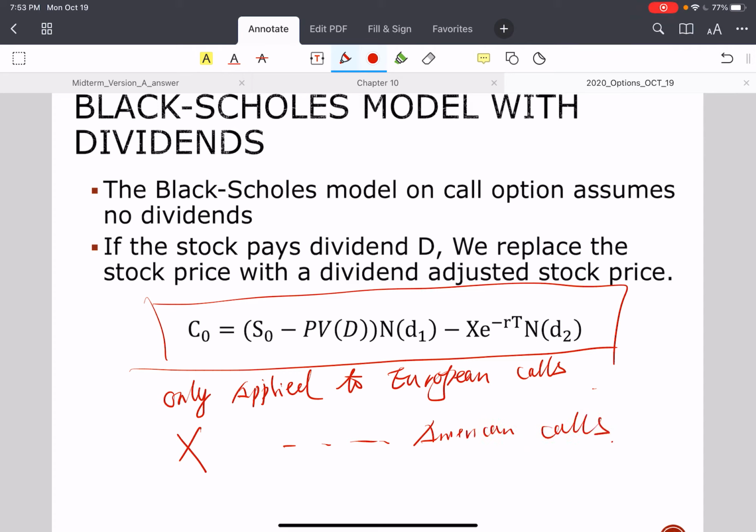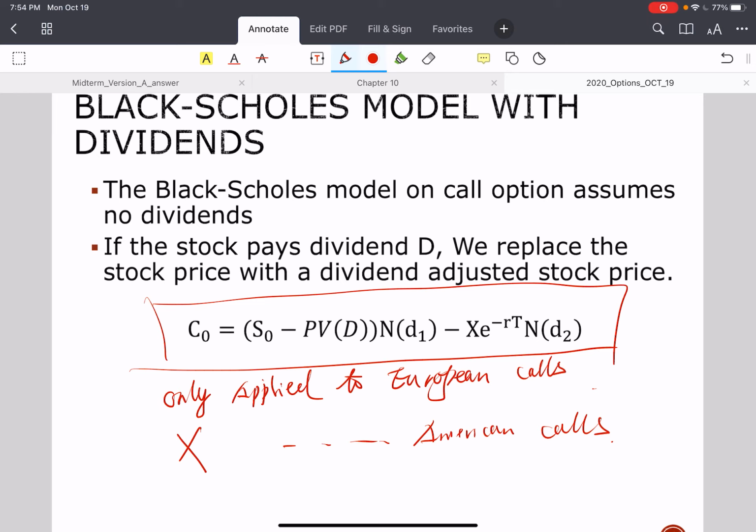Well, because we learned about this in the last lecture note. We learned that when there is a dividend, if you have American calls, it's possible you will want to exercise the call option early. So this implies that when there is a dividend, the option to exercise early has value for American calls.